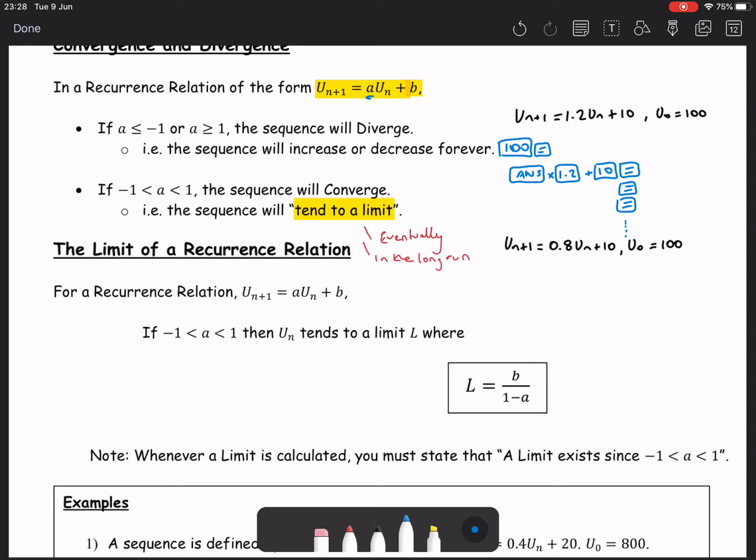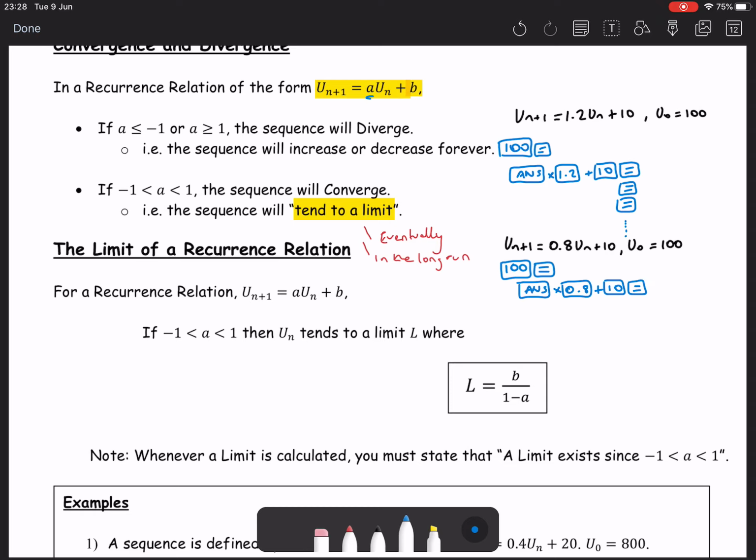If I put that into my calculator, 100 equals means the 100 is stored, and then my answer times 0.8 plus 10 equals.